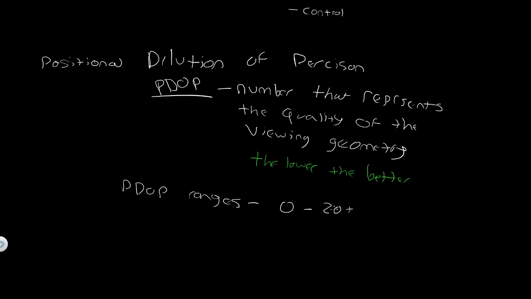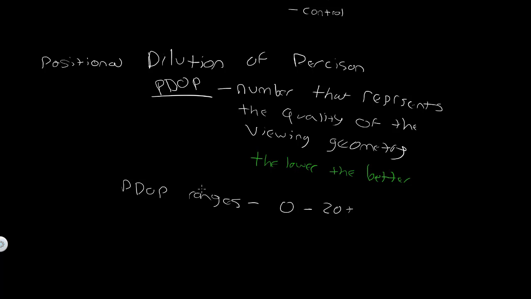I put the 20 plus here because you will see higher numbers, but typically 0 to 20 is the range you're most likely to see. Again, lower is better. The closer to 0 you are, the better off you are. And this is just a representation of the viewing geometry quality.